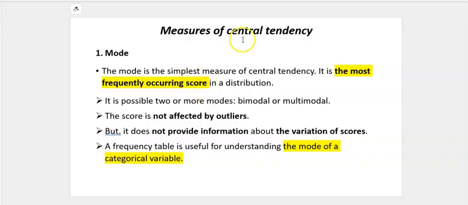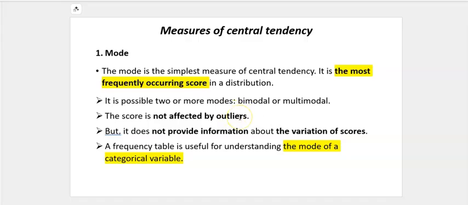So that's why you need to obtain the central tendency. And this one is not affected by outliers. Why? Because we don't calculate the average score, but we calculate by what is most frequently occurring. So that is not affected by outliers, that means the extreme score. You don't have an extreme score, just between male and female. Or you can have missing values, but we don't talk about that.